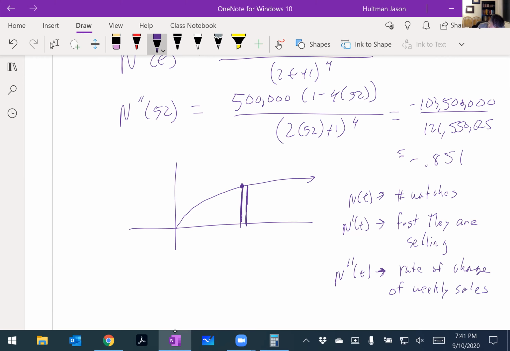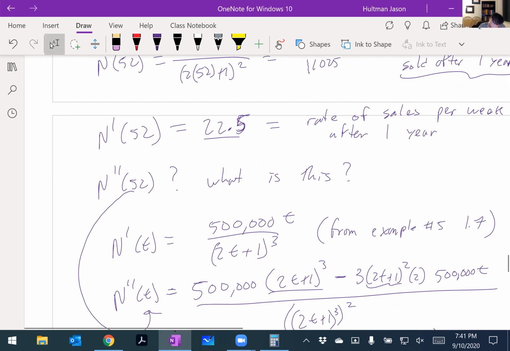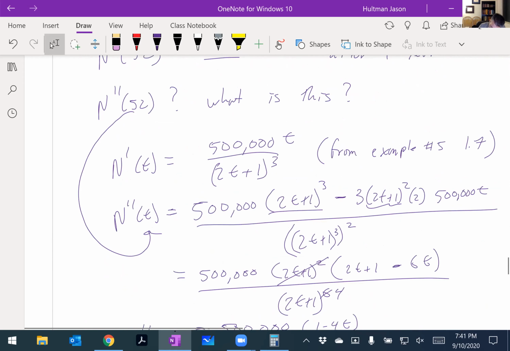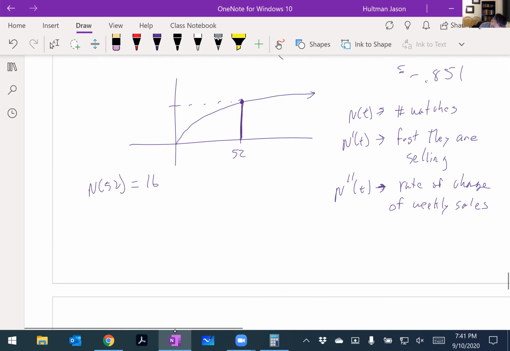So as I hit this 52 mark, how many total watches have I sold? Oh, n of 52 was equal to, what was it back here? 61,315. That's the total number of watches sold.